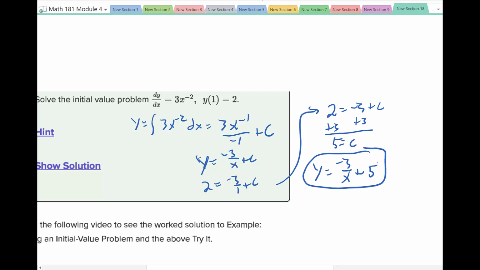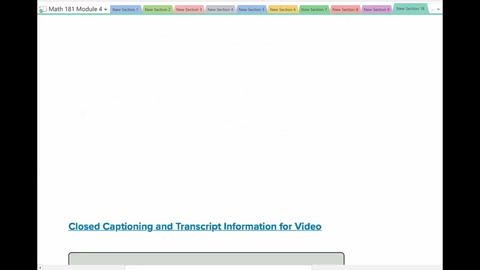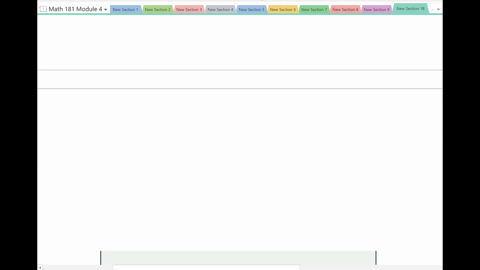Okay, we're going to go on to another one here. This one didn't print out, so I'll write it out. We have f of t, this lowercase f of t, equals 8 secant squared t minus 10t cubed, and the initial condition they give us is f of 0 equals 0.